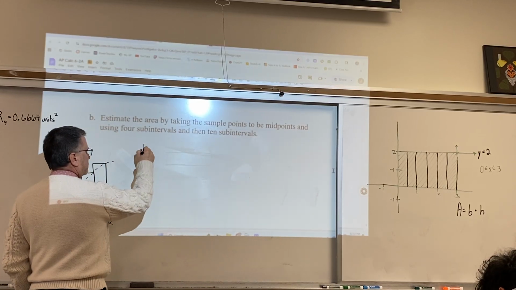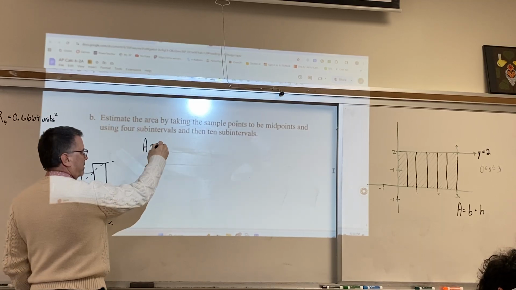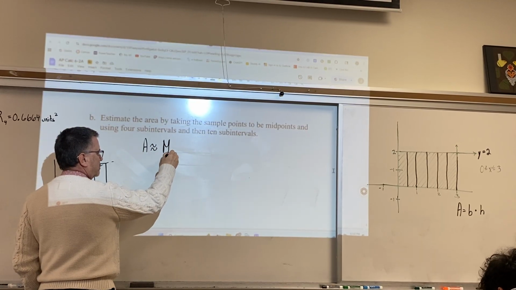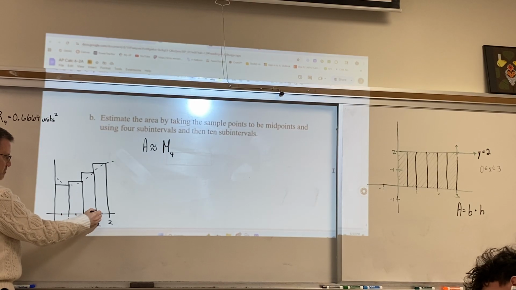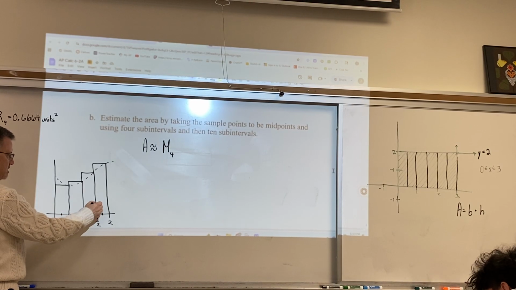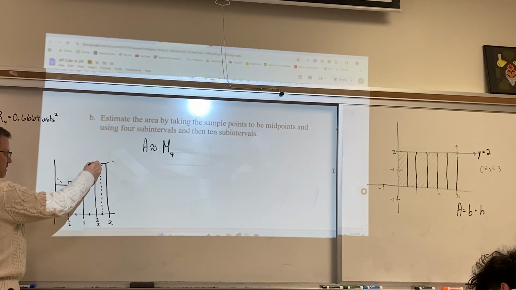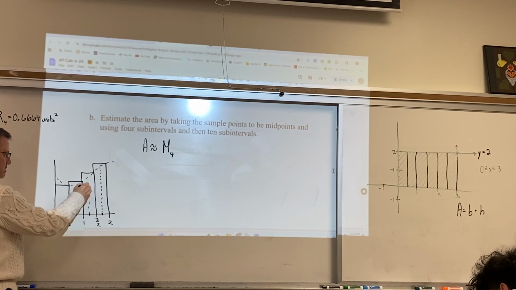So let's see, we're gonna use the midpoint estimate for the area. Midpoint, using 4 midpoints. I can use this same graph. I need that point there, that point there, that point there, that point there. Because that's where I'm hoping the top of the rectangle is gonna be.